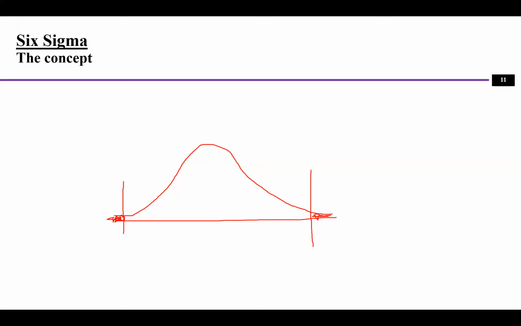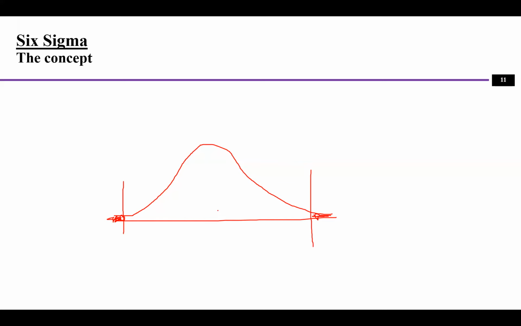You can draw a normal distribution curve. Six Sigma is really talking about how many defects you have. This part will be the defects, and this part will be defects, and all the parts in the middle are actually good products.